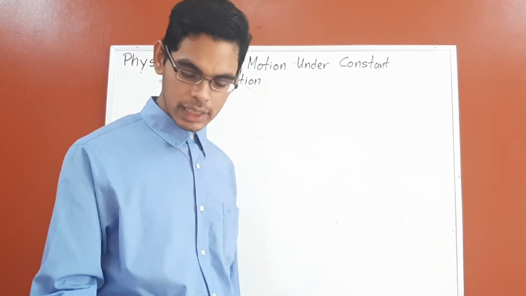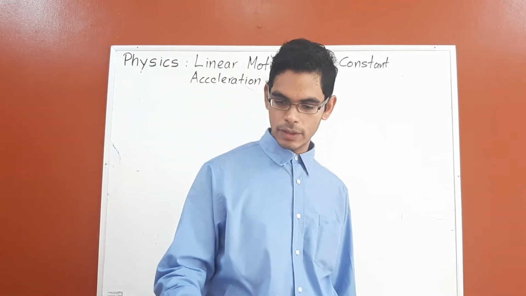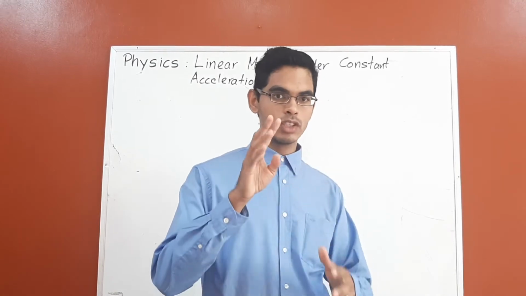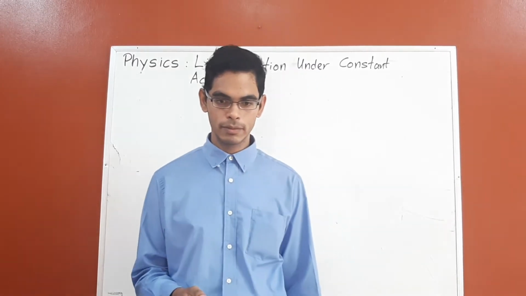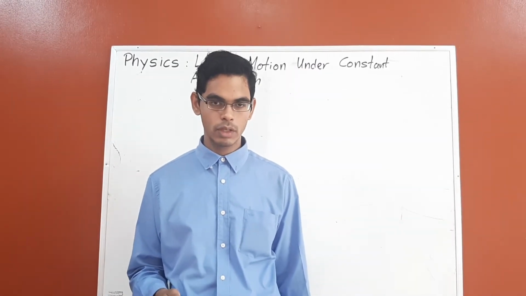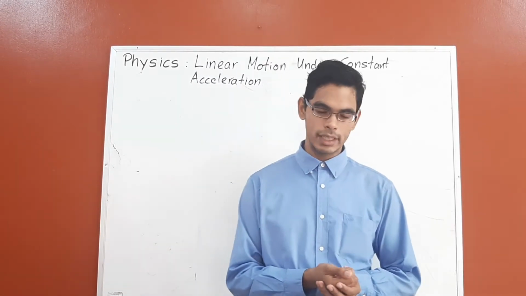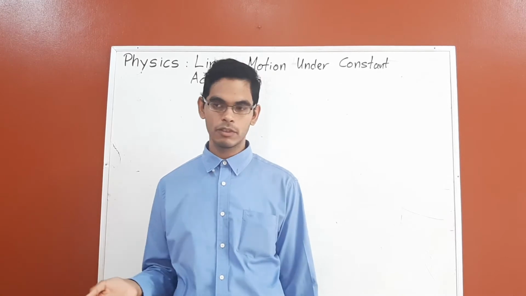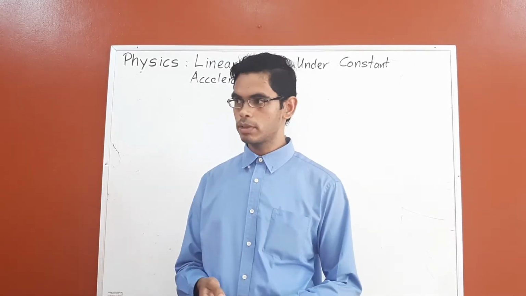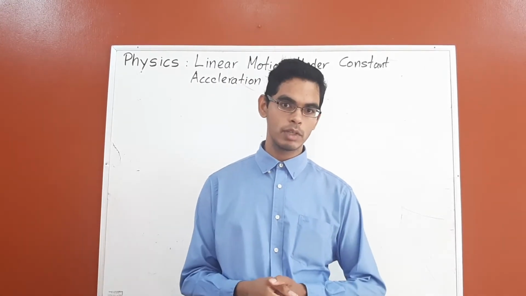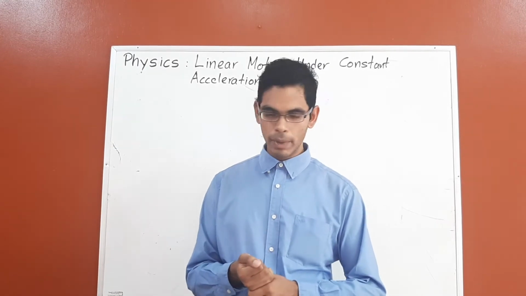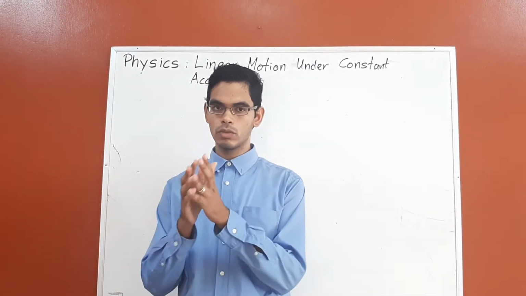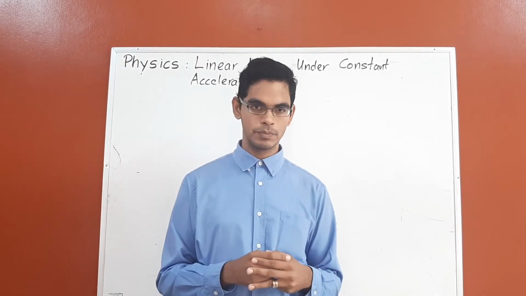So, as you can see in each of these things, look at them all. Each of them involves the use of 4 different letters. And the strategy that we use is this. When you write down your information, usually you'll get 3 pieces of information and 1 unknown. Or probably, if it's a more complicated problem, you might end up with something else. But usually, you get 3 pieces of information and they ask you to find 1 other quantity.